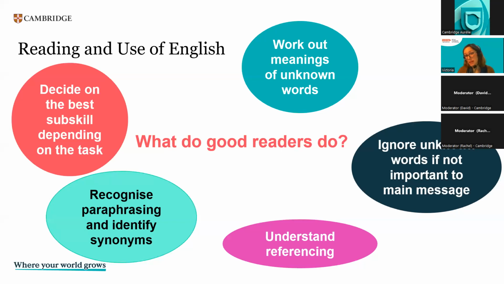Also work out the meaning of unknown words. There is always going to be a word that you don't understand, for sure. I think this is also the case in your mother tongue.